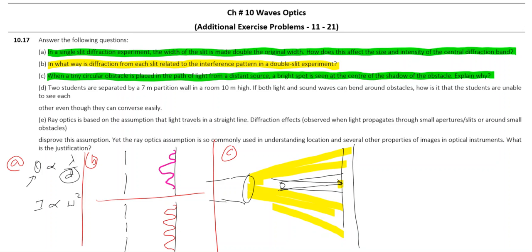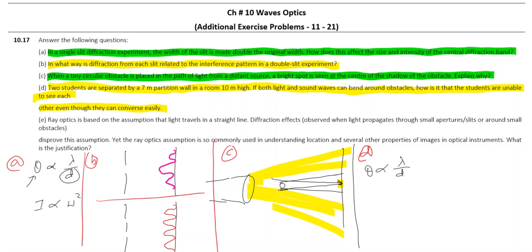Next one. Two students are separated by 7-meter partition wall in a room 10-meter high. If both light and sound can bend around obstacle, how is it that students are unable to see each other even though they can converse easily? Very simple. We know that bending of wave is directly proportional to lambda by d.